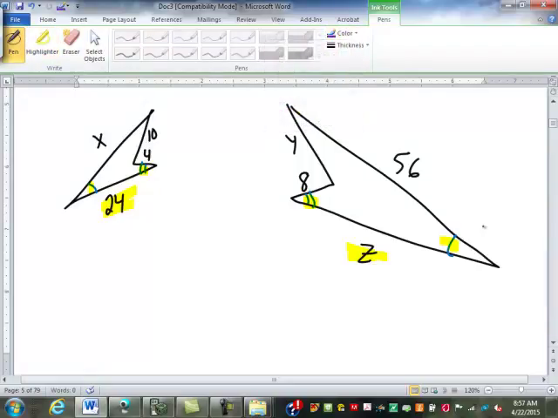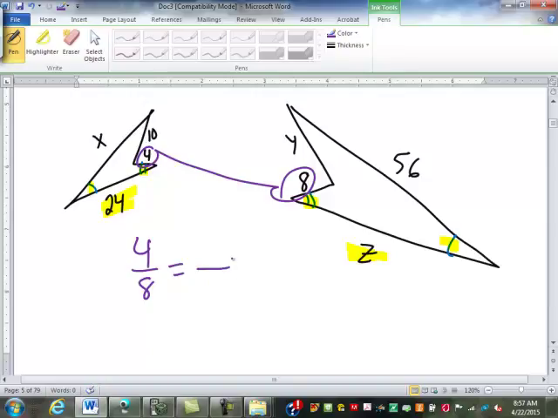So what we need to find is a pair of corresponding sides, one from each figure, where we know its dimension from both figures. Do we have that? The 4 and the 8. So we got 4 goes to 8. If I want to find x, is x going to go on top or bottom?